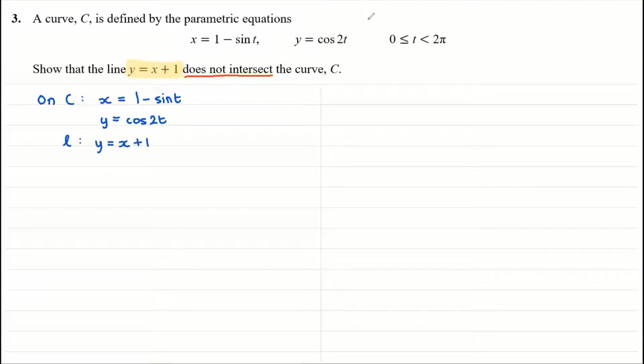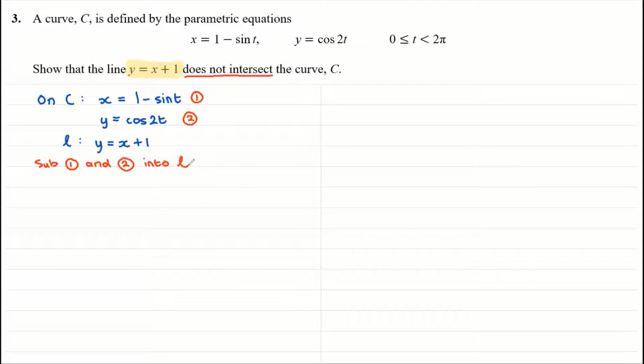Now I'm going to call the 2 parametric equations 1 and 2. What we can now do is we can sub 1 and 2 into L, because the equation for C has to be valid and the equation for L has to be valid.